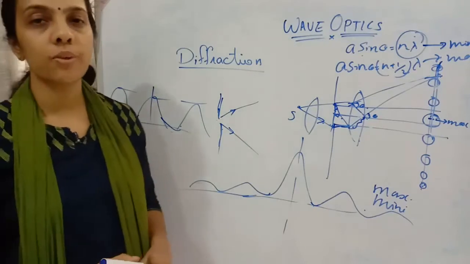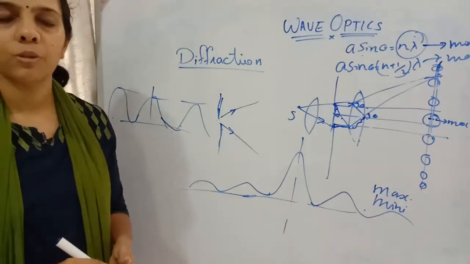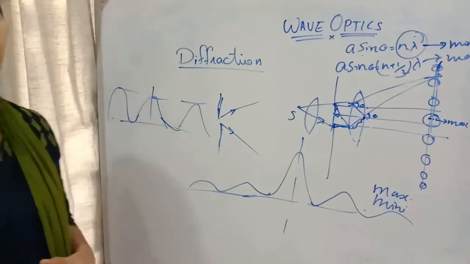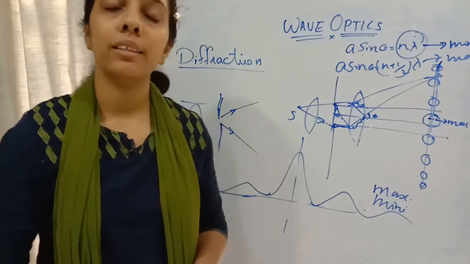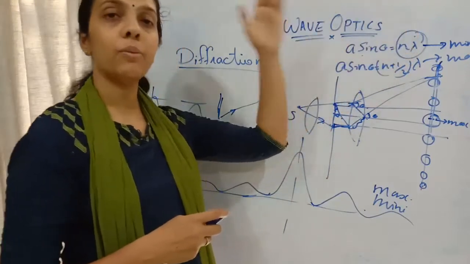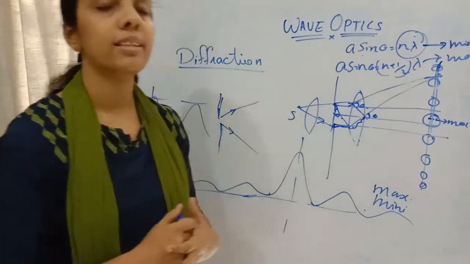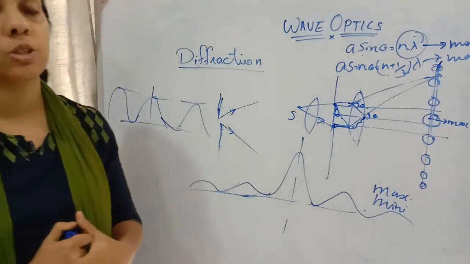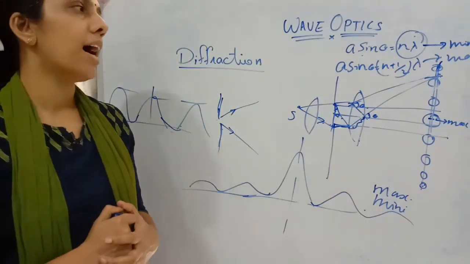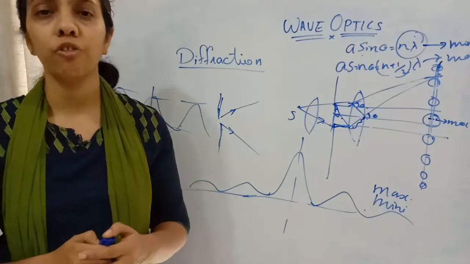The values of n will be plus or minus 1, 2, 3, etc. In interference, we learned the condition of path difference n lambda for maxima, right? But here a sin theta equals n lambda is the position of minima, and a sin theta equals n plus half into lambda is the position of maxima.